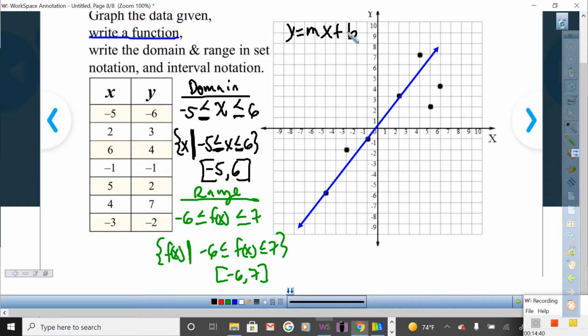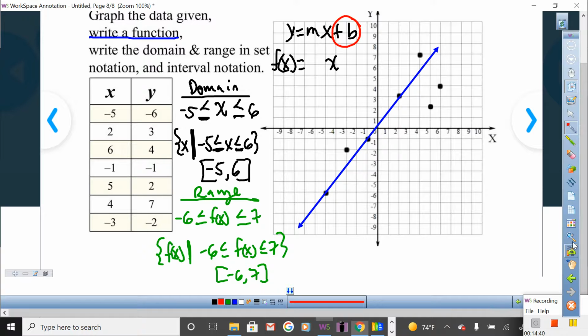Yes? Yes. F of x equals blank x. Do we know what plus b means? Yes, that's where the line crosses the what? The y-axis, which is our y-intercept. What do you calculate that y-intercept will be? Tell your neighbor, where is it crossing the y-axis?